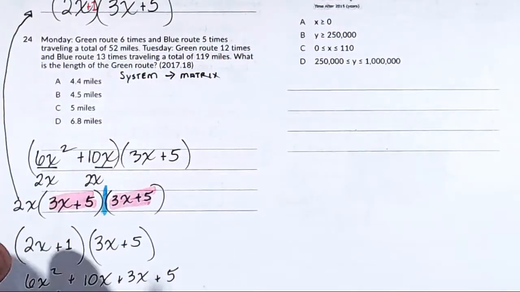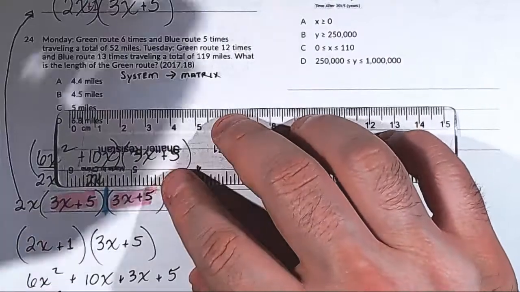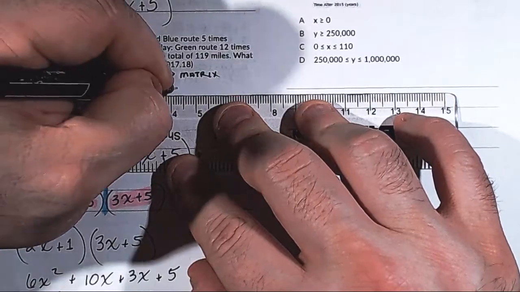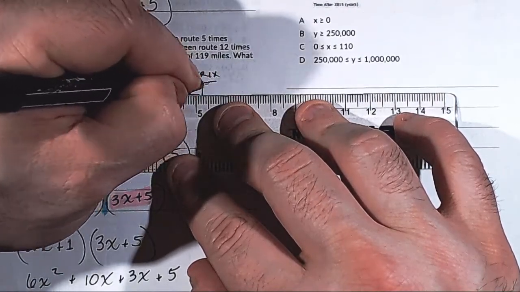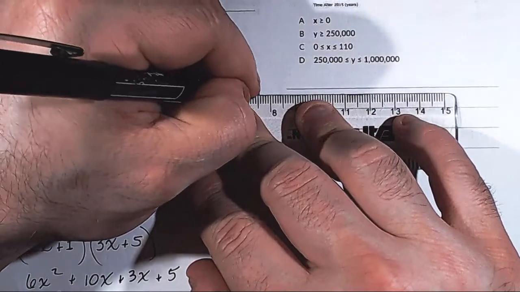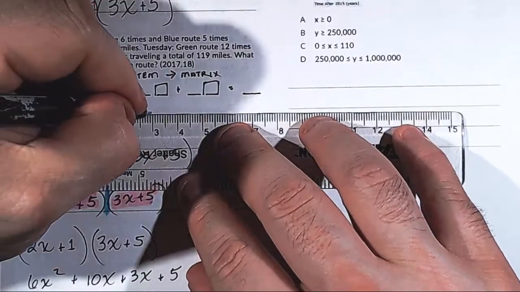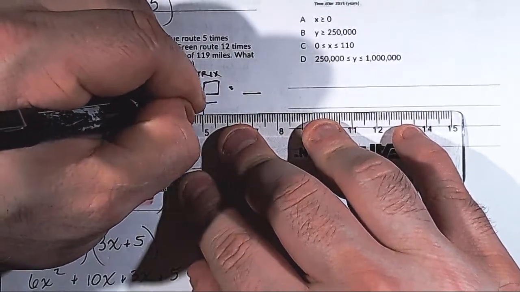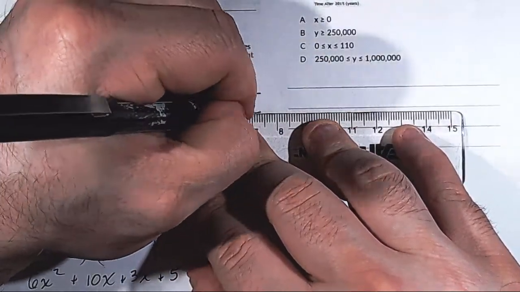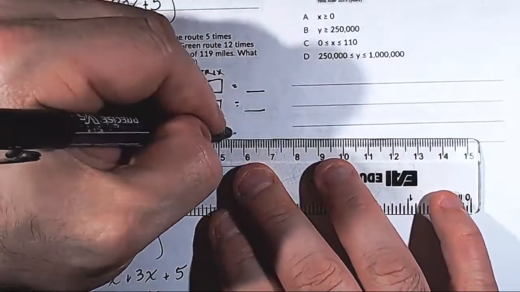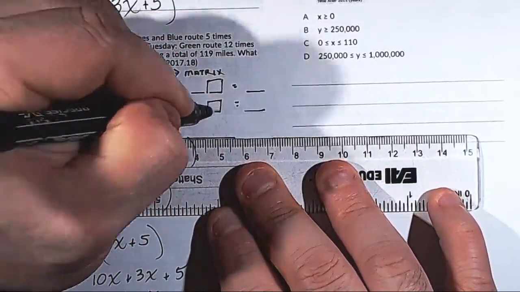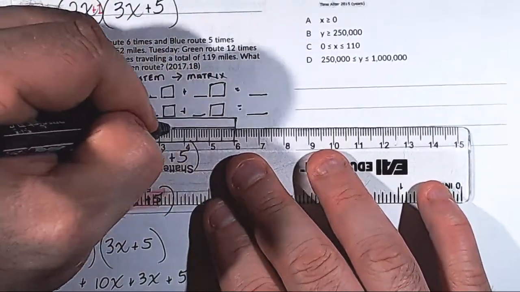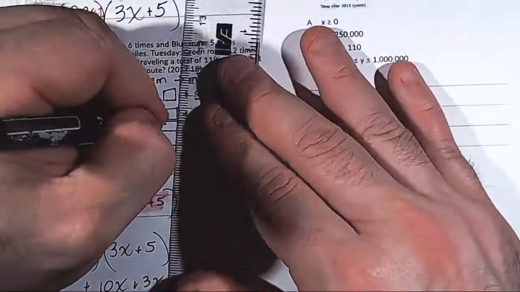So we'll write out what we're given, and our template is something box plus something box equals something over something box plus something box equals something. Okay, and then I'll have this little matrix grid that I'll fill out. It's going to be a 2 by 3 matrix.